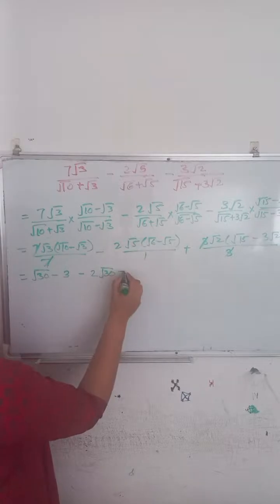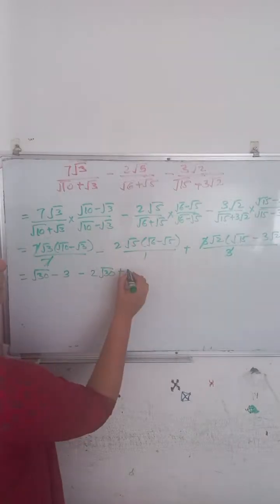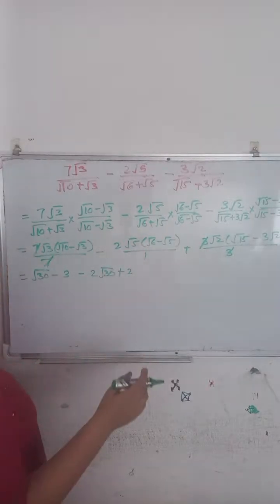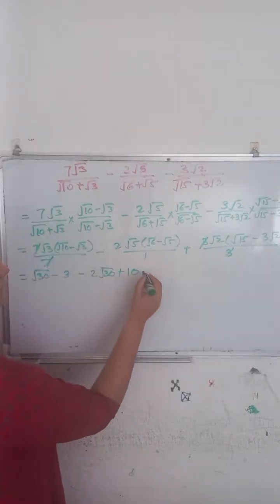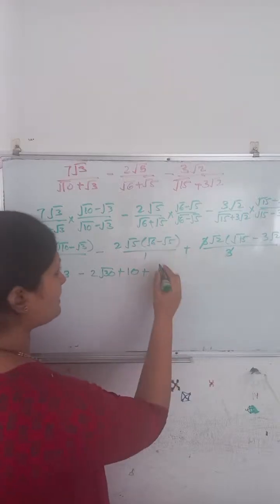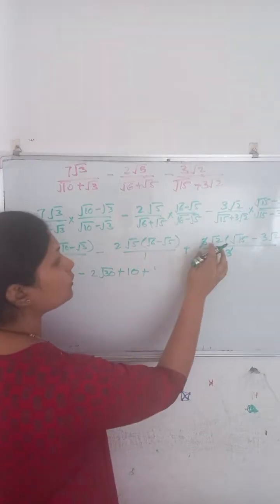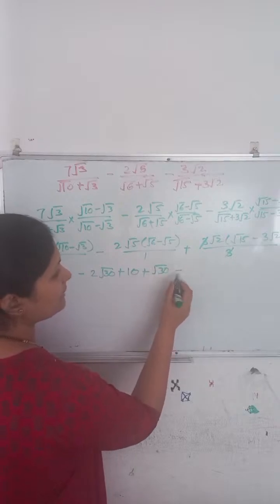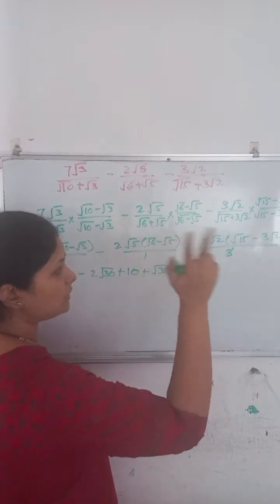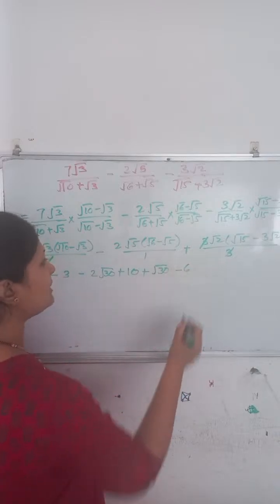Minus minus will become plus. So 2 into root 5, that is root 5 into root 5 is 5, 5 into 2 is 10. Again here plus is already there. So root 2 into root 15 is root 30 minus root 2 into root 2 is 2, 2 into 3 is 6.